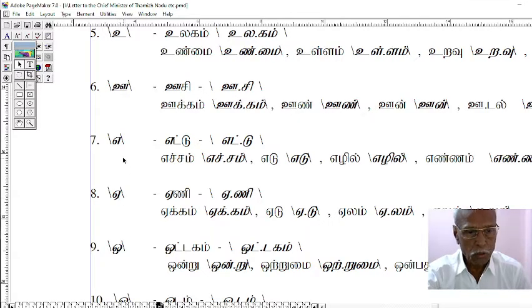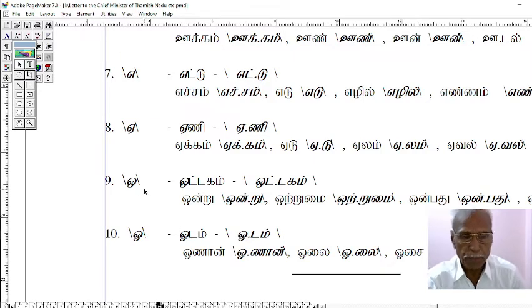This is the long form of the short vowel E. Example: ஏணி, ஏக்கம், ஏடு, ஏலம், ஏவல்.